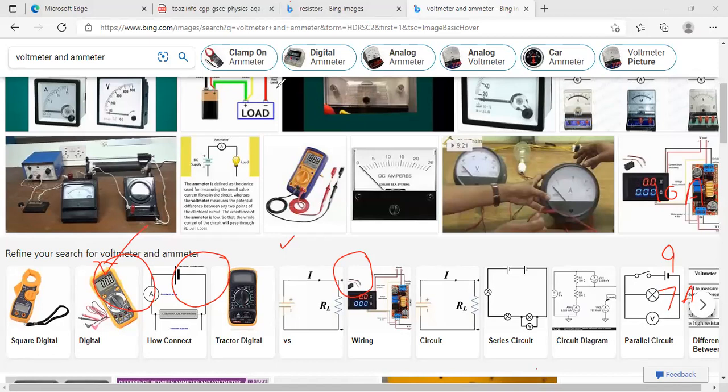Now we have digital multimeters or digital ammeters and voltmeters. They give us the values in decimals, and previously we had analog types of voltmeters and ammeters. But now we have advanced these, and we have digital voltmeters and ammeters, right? So have you got the concept of this voltmeter and ammeter?